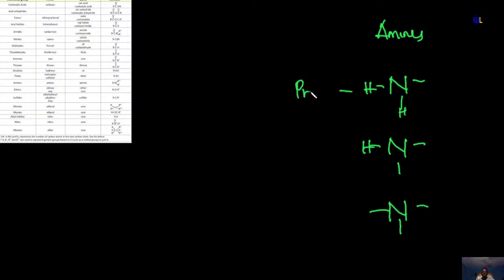So this is primary, this is secondary, and this is tertiary. So I take it again. A primary amine is produced when 1 hydrogen is replaced in the ammonia molecule. Secondary is produced when 2 hydrogen atoms are replaced in the ammonia molecule.